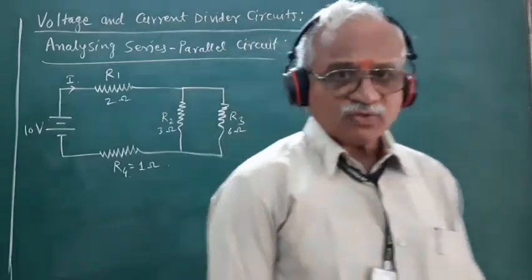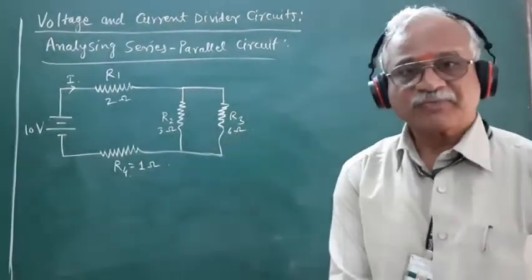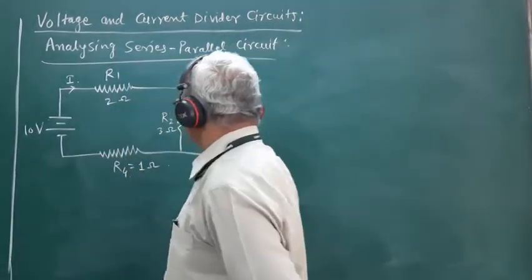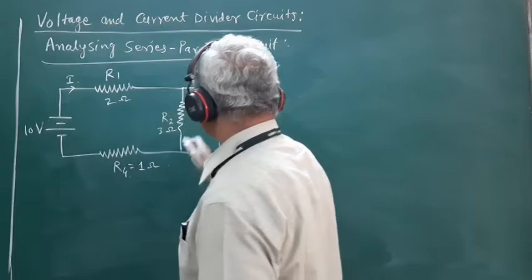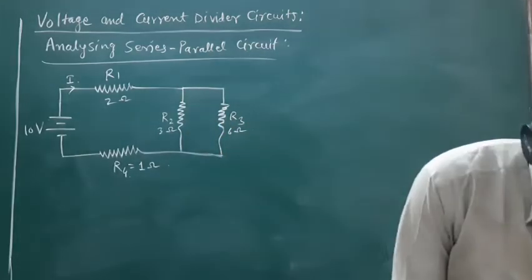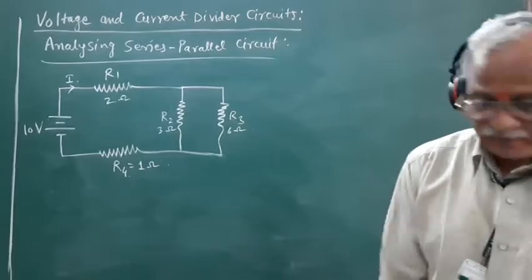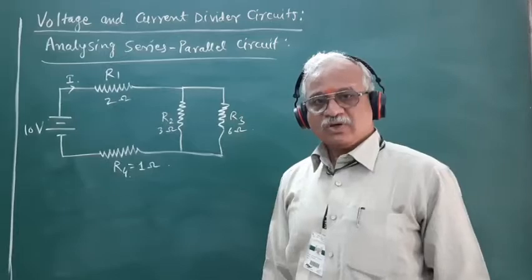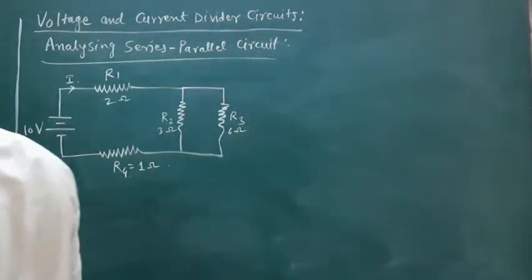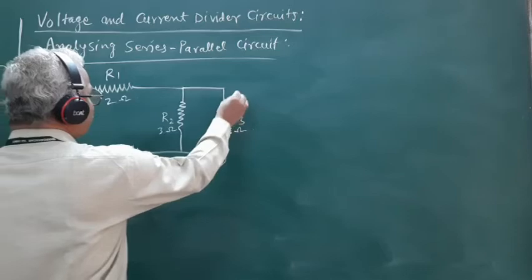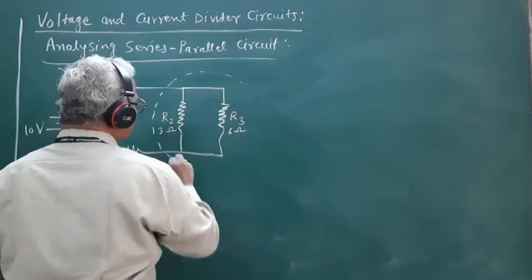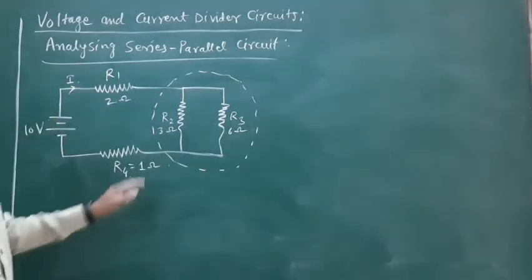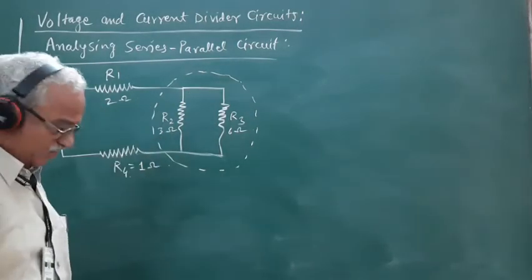When we want to find the total current drawn from the source, or the currents flowing through the resistors R2 and R3, first we have to simplify this circuit. So first we have to find the equivalent resistance of this parallel combination of R2 and R3.